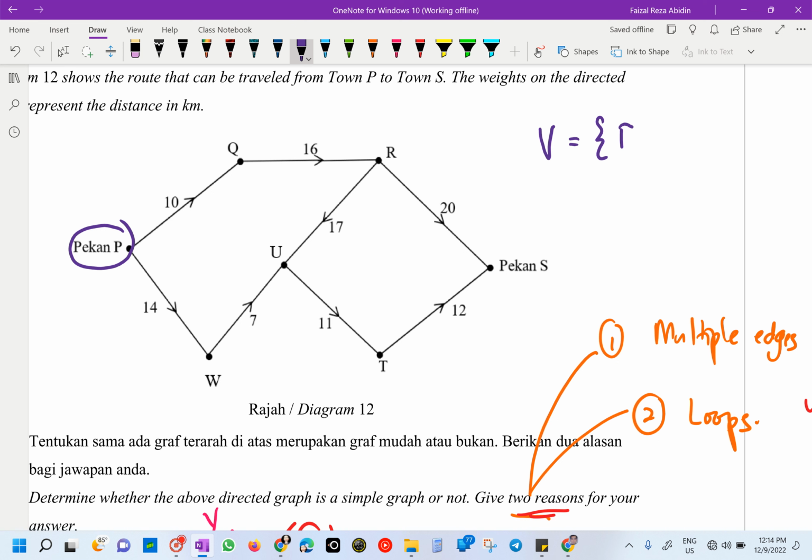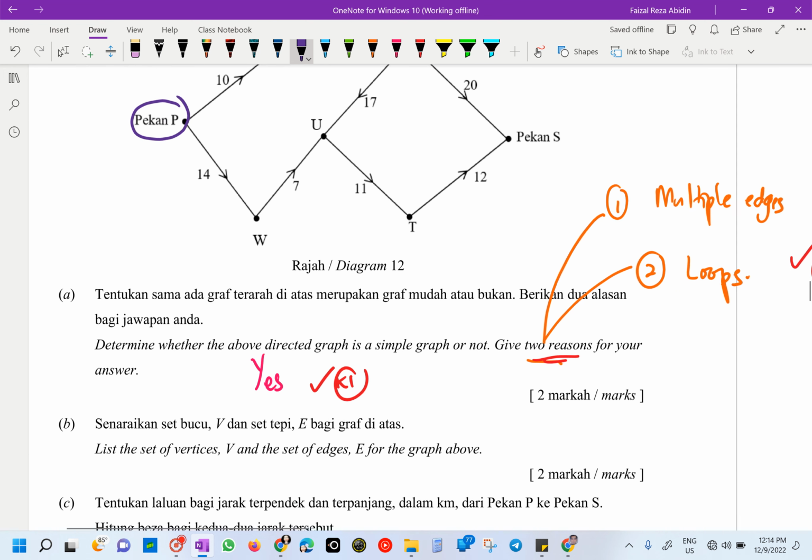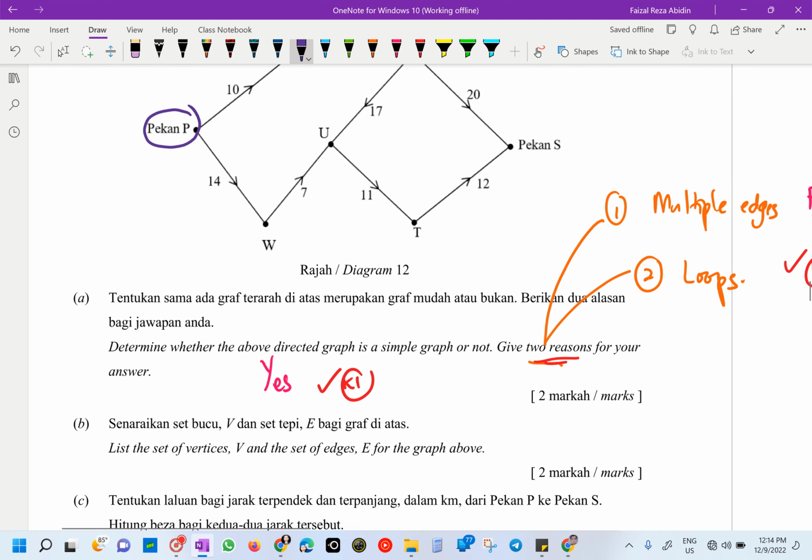So it's going to be P, Q, R, S, T, U, and W. So how many of it? You're going to have 2, 4, 6, 7. 7 of your vertices.